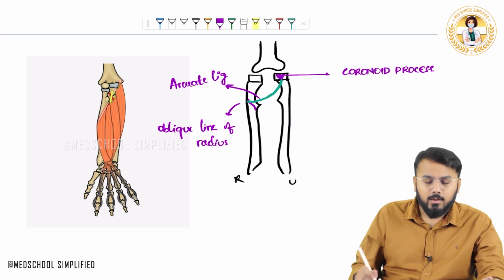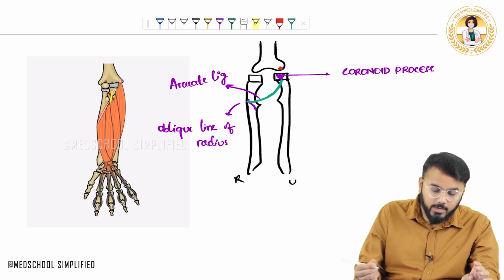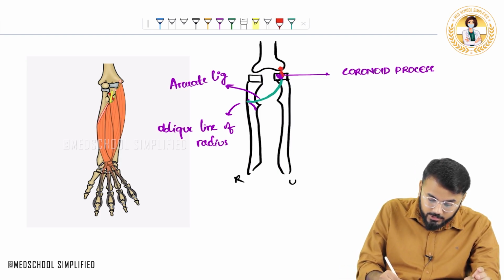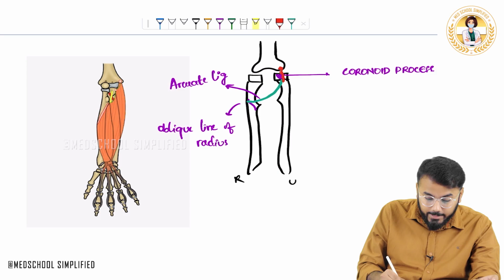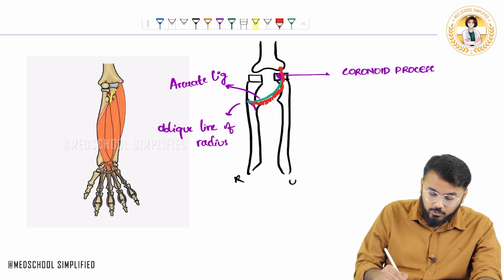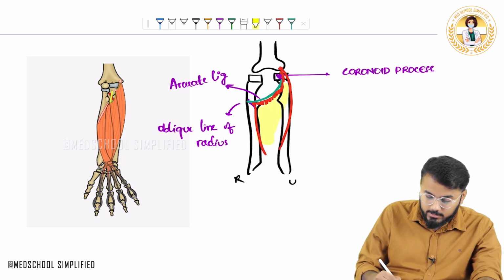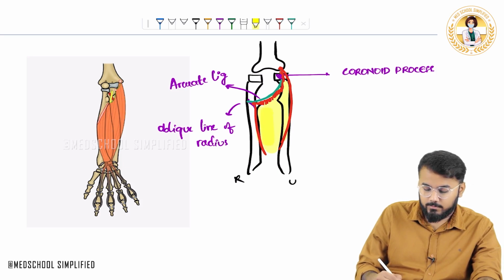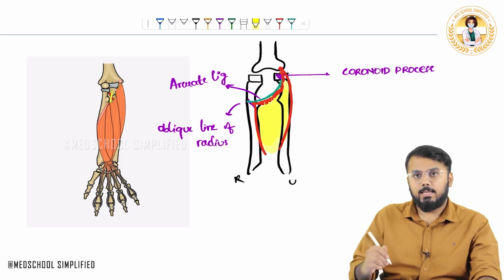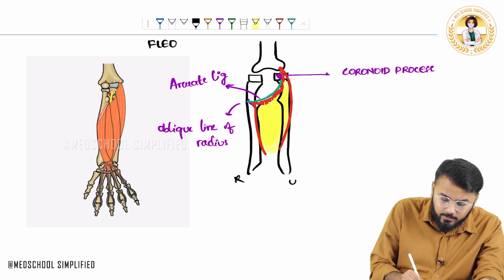Now, this muscle which I am going to tell you originates from the medial epicondyle. It also originates from the coronoid process, the arcuate ligament, and the oblique line of radius. So from all these points, this muscle runs down like this. This is the entire muscle. This muscle is named flexor.